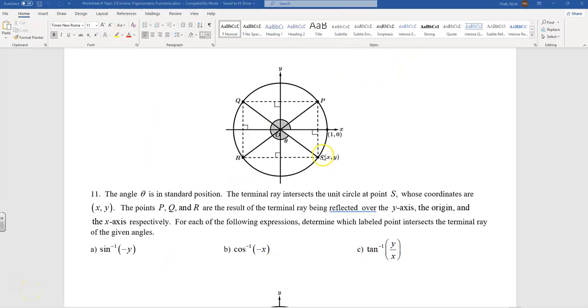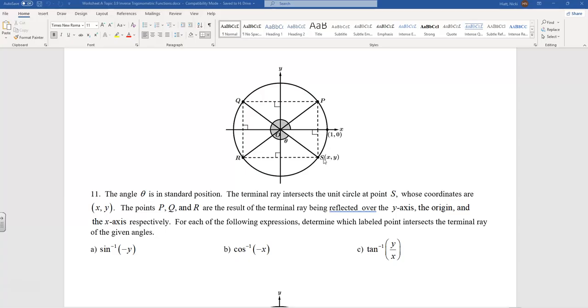And number 11, because they give you positive x, positive y in the fourth quadrant, right? So what's happening there is like you have to have a positive number then a negative number for that. But x and y are variables, they're not numbers.